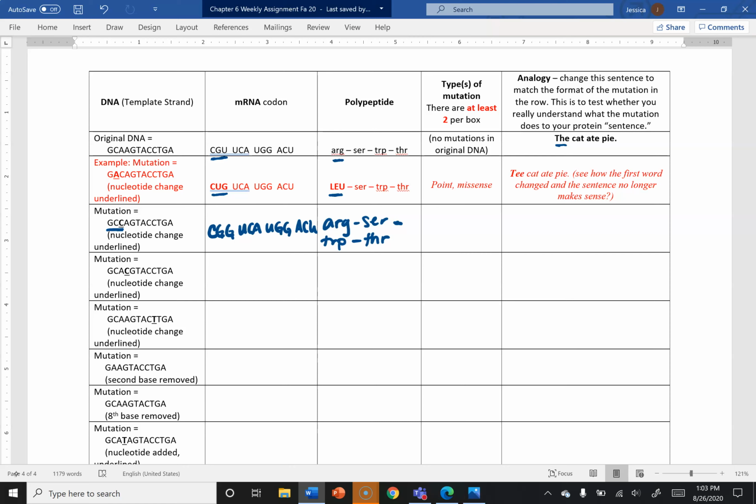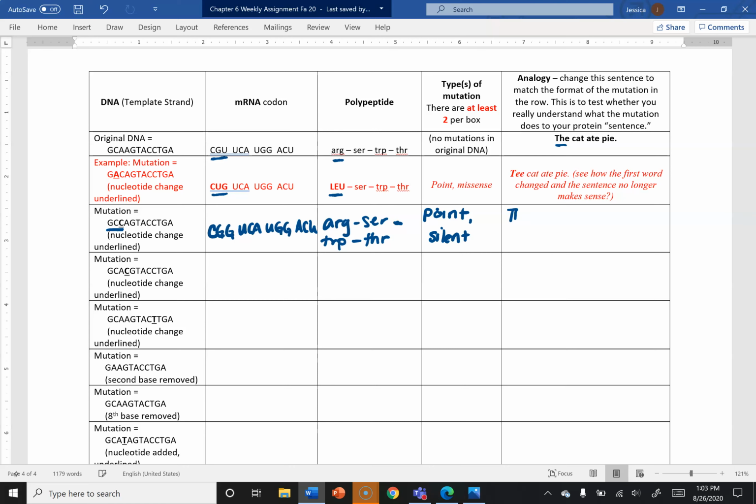So we have introduced a point mutation by changing one of our bases, but this time it's a silent one. It's one that doesn't actually change the polypeptide sequence. So in this case I like to make a slight change that, when you hear the sentence, doesn't change anything.